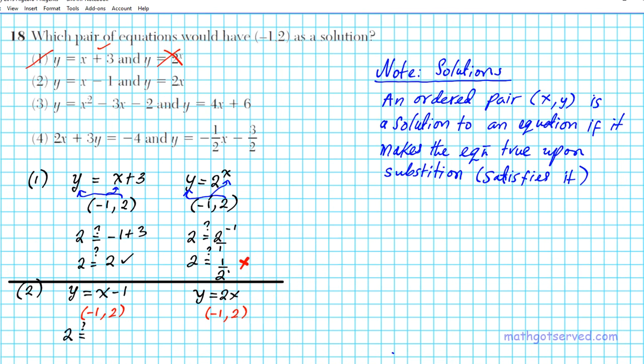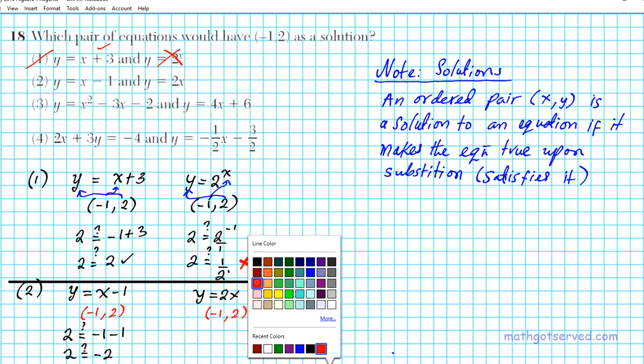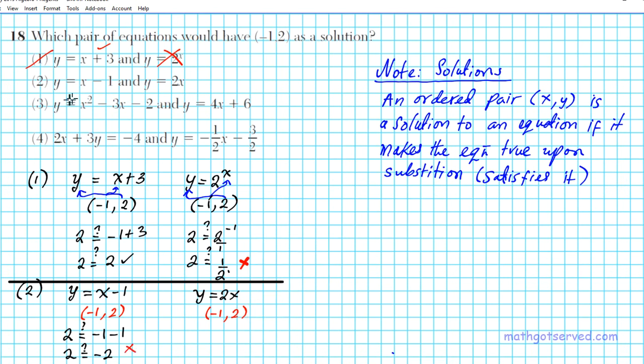Is 2 equal to negative 1 minus 1? Negative 1 minus 1 is negative 2. Uh-oh, that is an automatic fail. Negative 1, 2 is not a solution for option 2 because it doesn't even satisfy the first one, so there's no need to waste our time checking the second equation.